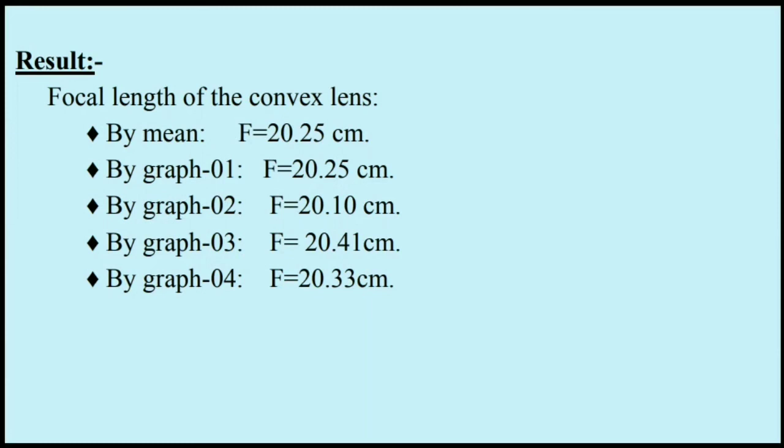The value of f by graph 2 is 20.10 centimeter. The value of f by graph 3 is 20.41 centimeter, and the value of f by graph 4 is 20.33 centimeter.